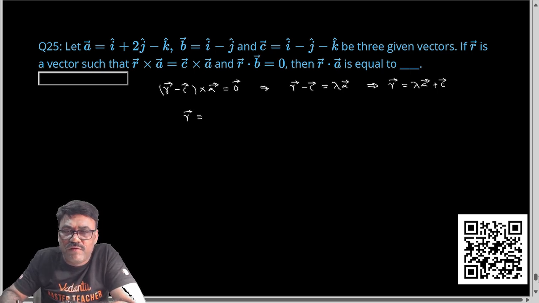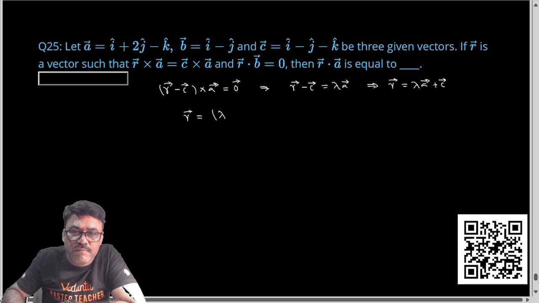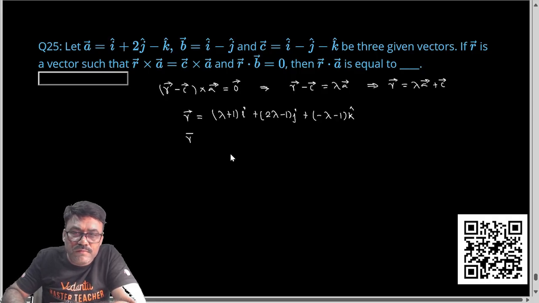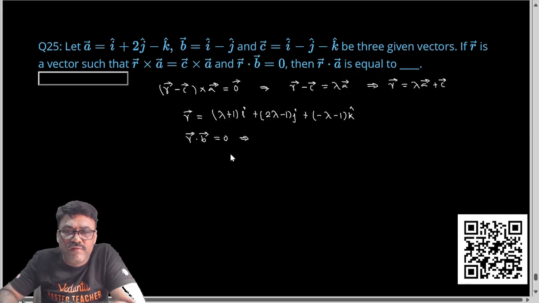Now let's write R. Lambda times A plus C. So basically it is lambda plus 1 i, 2 lambda minus 1 j, then minus lambda minus 1 times k. This is the R vector. Now R dot B is 0, so let's take the dot product with B. B vector is i minus j.